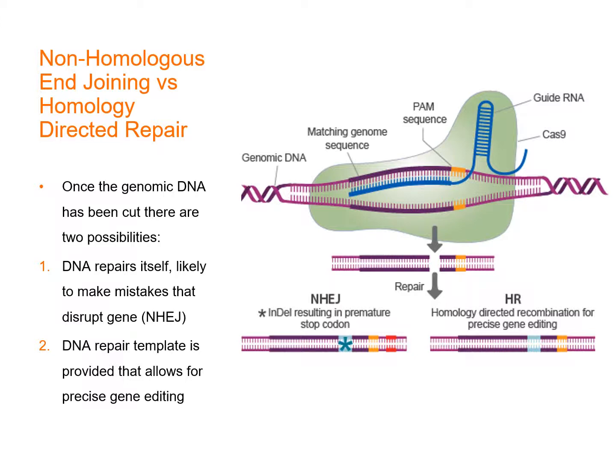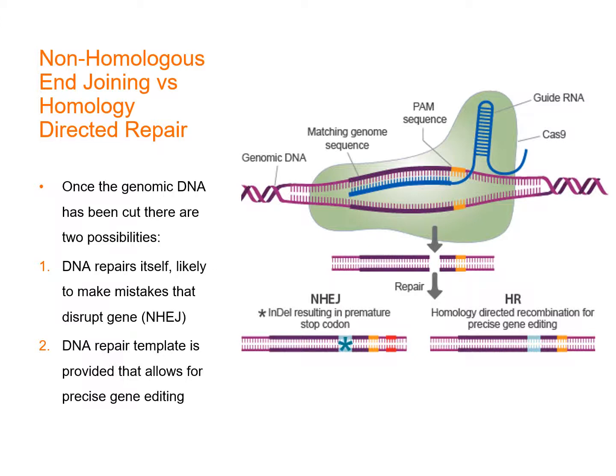These changes could result in a premature stop codon. It could certainly throw off the DNA reading frame so that we would get a protein that is not expressed properly. And the overall effect of this would be basically to knock out the gene, which means in essence to delete the gene, to keep it from functioning, to keep it from making a functioning protein.